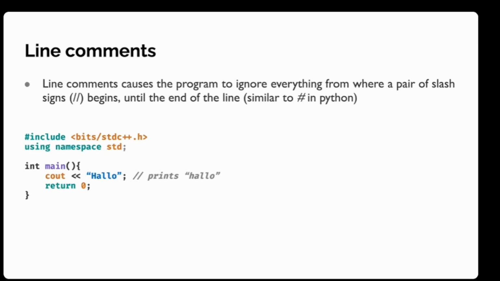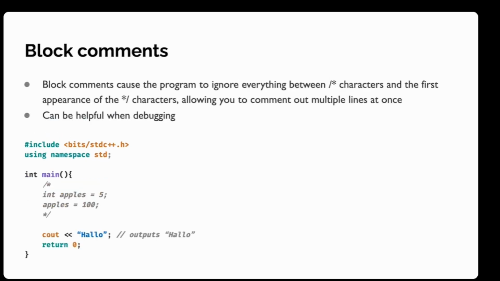Line comments use double slash, not hashtag like in Python, it's double slash here. You can put it anywhere, it's fine, just don't put it before a line of code. For block comments, use forward slash and asterisk, and then end with asterisk, then forward slash, like this. It's quite useful when debugging because annotating code might sometimes help you know what your code's doing and what's going wrong with your code.